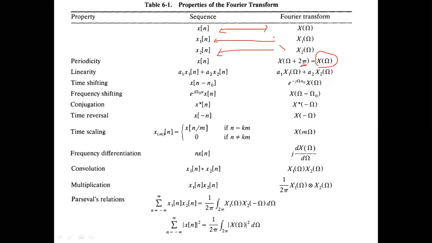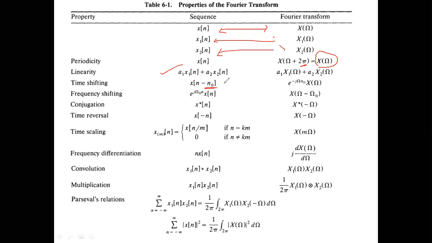We have seen in all the problems that the same thing keeps repeating. Then DTFT is also linear: a1 x1 of n plus a2 x2 of n gives you a1 x1 of omega plus a2 x2 of omega. That means an addition remains an addition and constants stay; you can roam around freely in the transform domain. Time shifting: x of n minus n naught gives e to the power minus j omega n naught into x of omega.